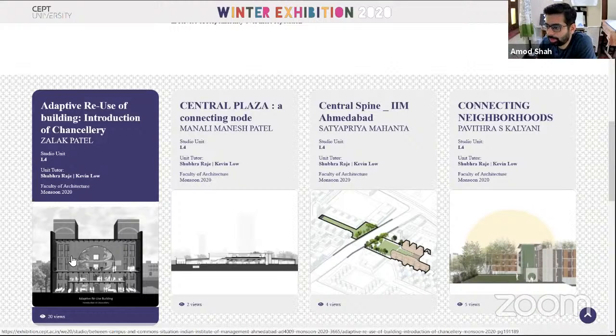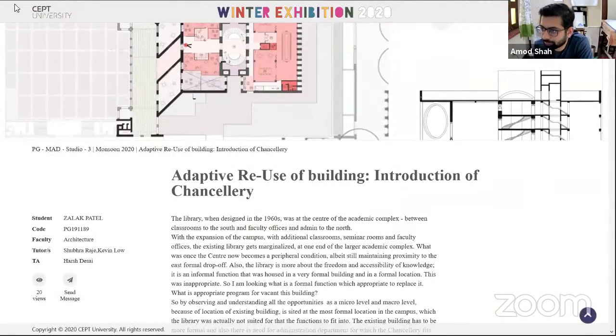And then we looked at how this could eventually be readapted for a different activity, and we shift the library to a place where we could make it more accessible to the public as well as have it well connected to the students. So that's the first thing that we did, is introducing a chancellery within that building. So that sort of fixes in an additional activity. So this was an adaptive reuse project.